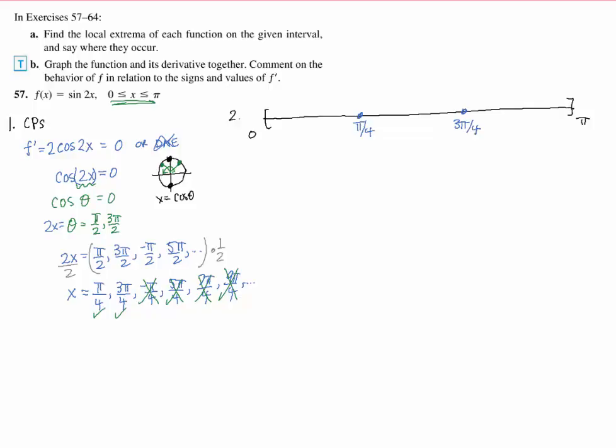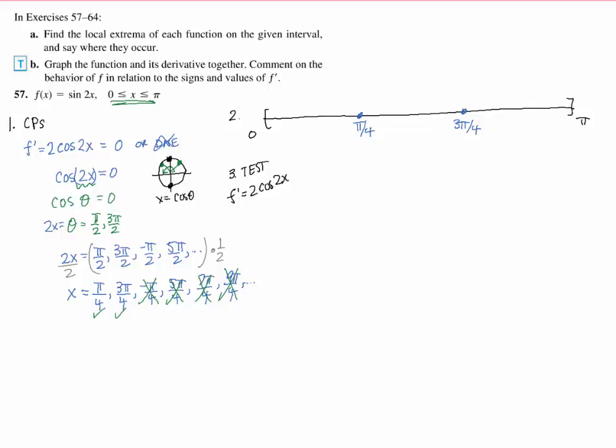Now we're going to test the first derivative, and the first derivative was 2 times the cosine of 2x. We'll test that on each interval here created, 0 to pi over 4, pi over 4 to 3 pi over 4, 3 pi over 4 to pi.